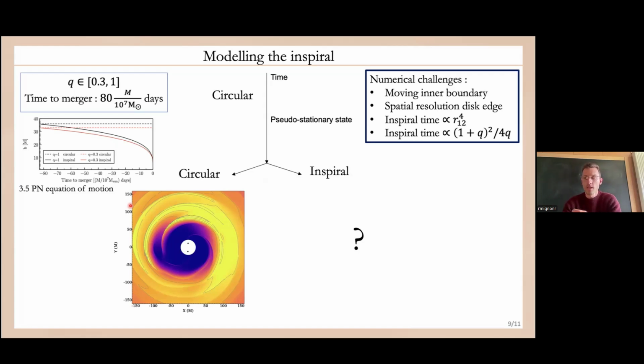The second difficulty is that the in-spiral time is really short once you are close to the merger, but if you consider larger orbital separation, it is getting slower and slower. So following the in-spiral from large separation to small separation is really, really expensive.